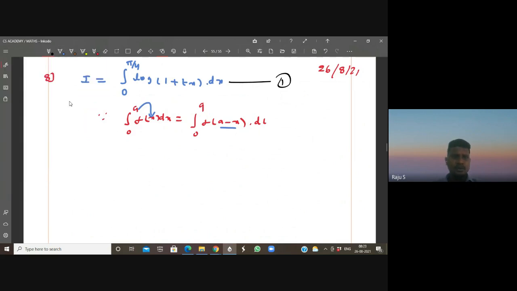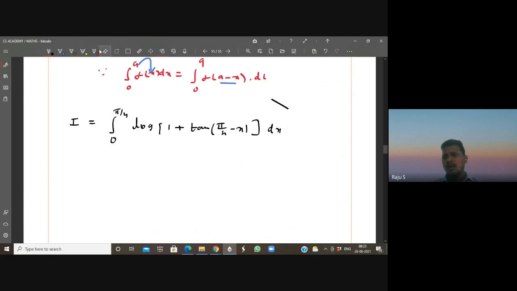Anyhow, so I is equal to, when I apply the property, the integral 0 to pi by 4 of log of 1 plus tan of pi by 4 minus x dx. This is the same as tan a minus b. What is the tan a minus b formula?